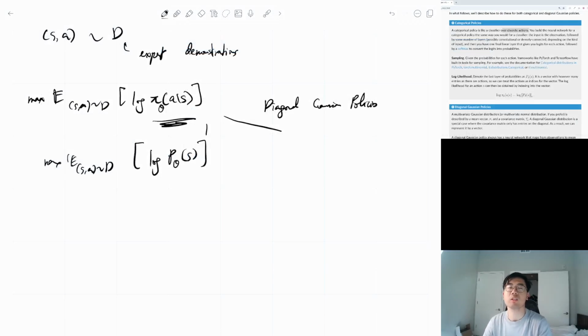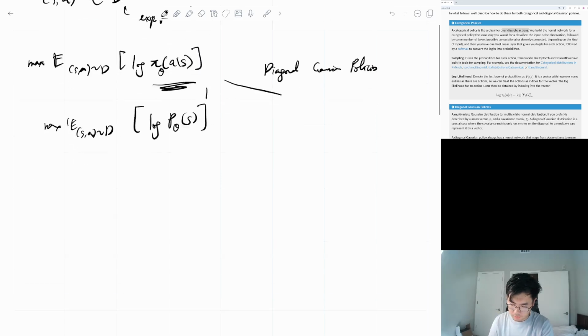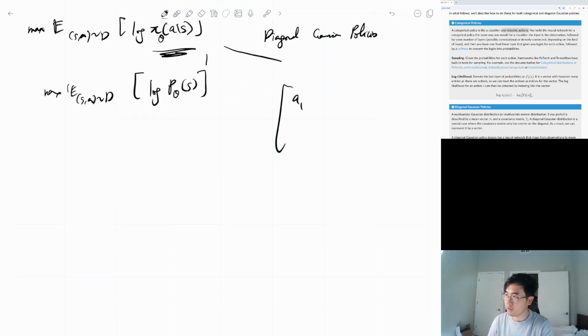So if each action is continuous, what can you do? Maybe for each dimension of the action, a1, a2, through an, you want to sample some continuous number. And so we can make use of a Gaussian distribution.